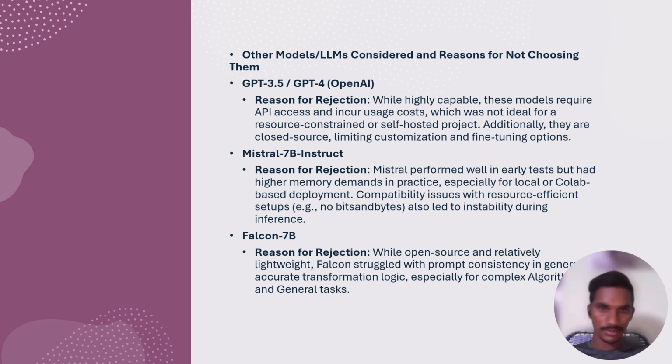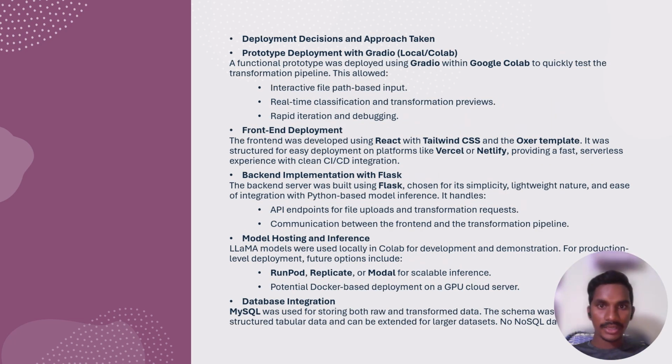Deployment decision and approach taken. Prototype deployment with Gradio: we developed a Gradio model and used an interface to interact with it at first. Then we shifted to React and Tailwind CSS later on, with the backend implemented with Flask. The API endpoints for file uploads and transformation requests were handled quite well, along with communication between the front-end and back-end transformation pipeline.